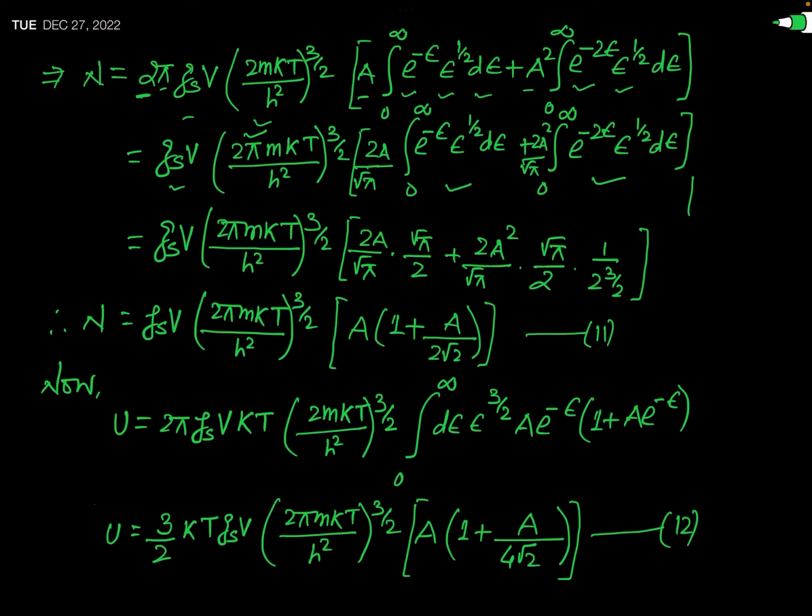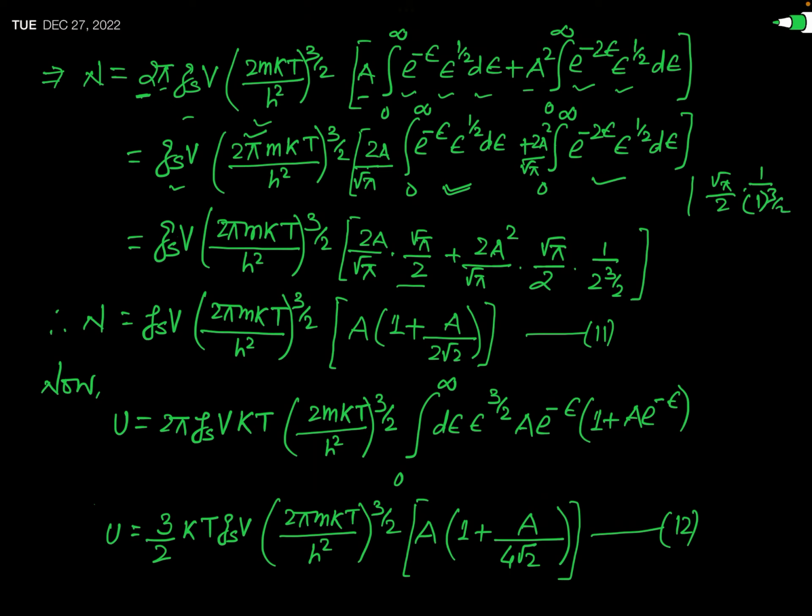the value of this integral 0 to infinity e to the power minus epsilon times epsilon to the power half d epsilon, its value is root pi over 2. Okay, and you can also say that this is root pi by 2 into 1 by 1 to the power 3 by 2.